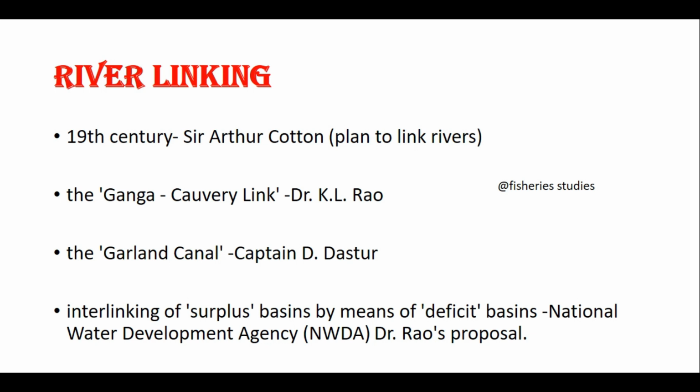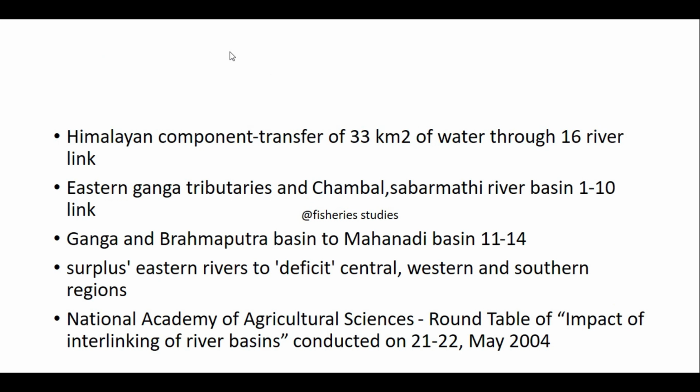National Water Development Agency was formulated under Dr. K.L. Rao's proposal. The major aim is to interlink surplus basins with deficit basins. There are 2 components under it. One is the Himalayan component, the other is the peninsular component. More important under it is the Himalayan component.